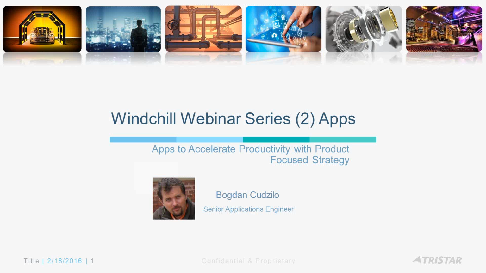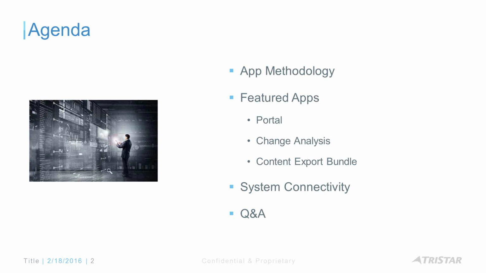We're going to take a look today at three types of apps. I'm also going to show one more, just as an example. The first one we're going to look at is the portal, change analysis, and we're going to briefly mention the content export bundle.